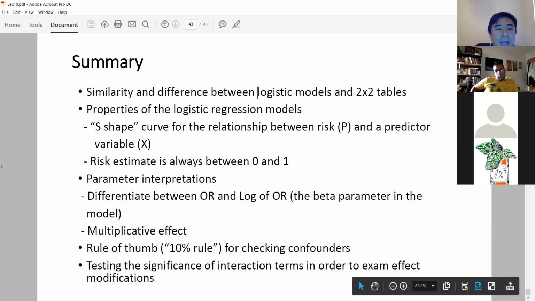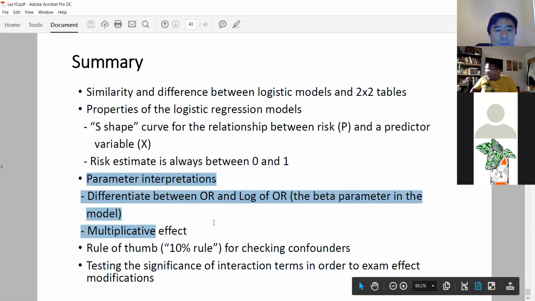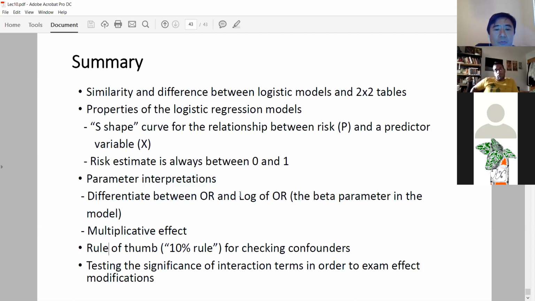And you need to know the S shape. Also, in the parameter interpretation, it really depends on whether your X is a binary variable or a continuous variable. For the continuous variable, it is the odds ratio for a 1 unit increase in that predictor variable.